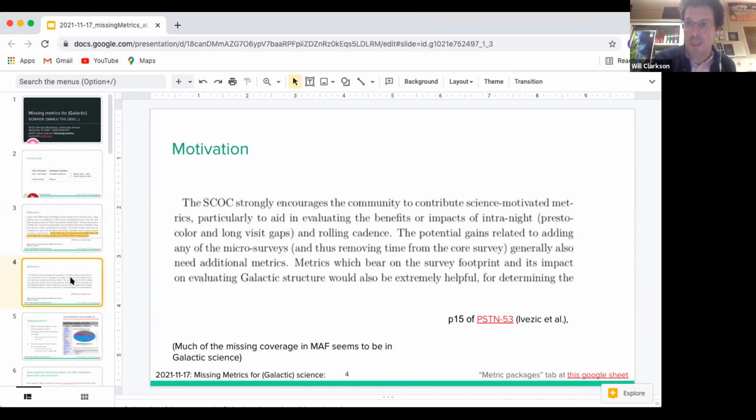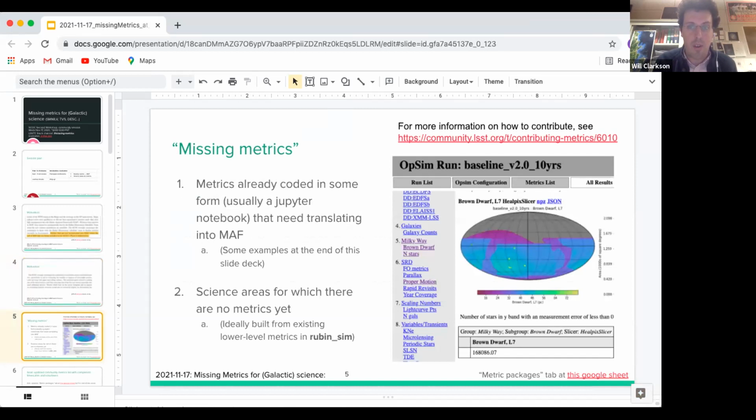I think every science collaboration is in the same boat in terms of needing to finish up metrics. And so based on a quick look at the metrics in process and then the science areas people are providing feedback on, at least to the SMWV and TVS co-chairs, these missing metrics seem to divide into two broad categories.